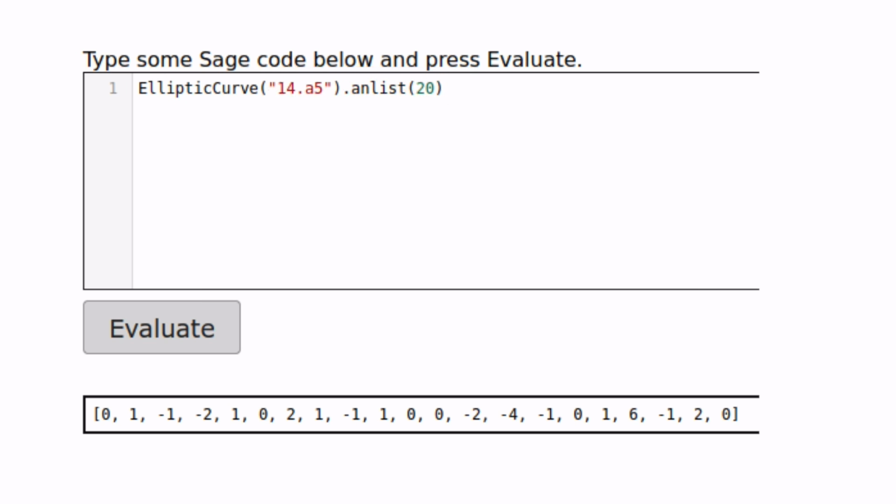Instead, we use the shorthand or label 14.A5. This equation defines something called an elliptic curve, and we're asking again for the first 20 coefficients. And you can change this to any number if you want more.